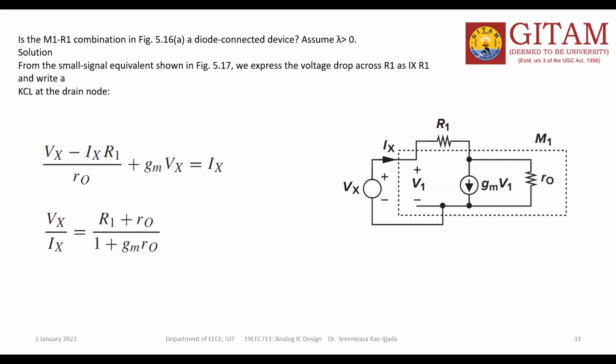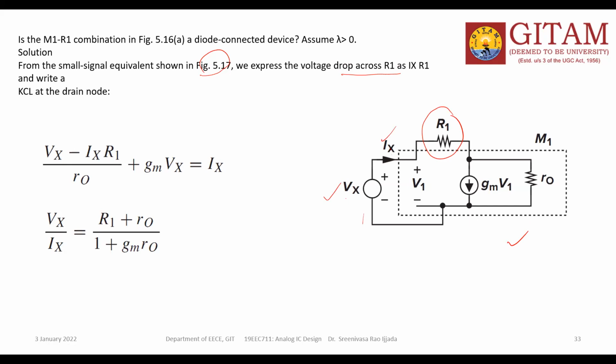Clear? Okay, see. From this small signal equivalent circuit, what is the drop across R1? This is the Vx voltage source we connected to find the impedance. Because of this Vx, the current Ix is flowing. So the drop across R1 is nothing but R1 multiplied by this current Ix.